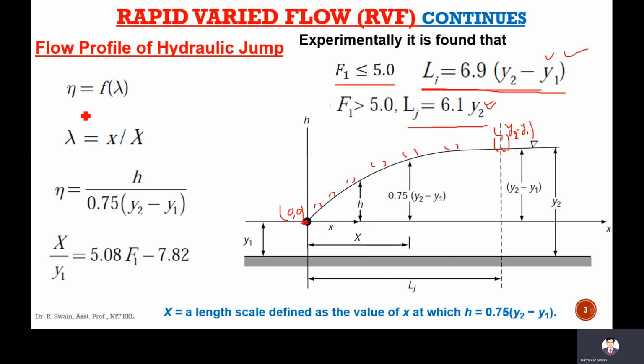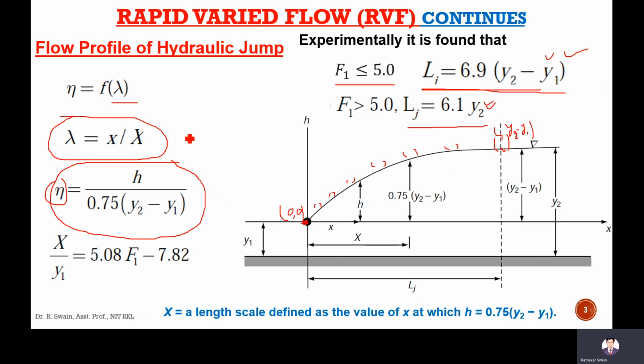Eta is a term which is a function of lambda, where eta is h divided by 0.75 times (y2 minus y1). Eta is just a notation for h by 0.75 times (y2 minus y1). And lambda is small x by capital X. Small x is the horizontal distance, and capital X is the horizontal distance where the depth in the hydraulic jump equals 0.75 times (y2 minus y1).